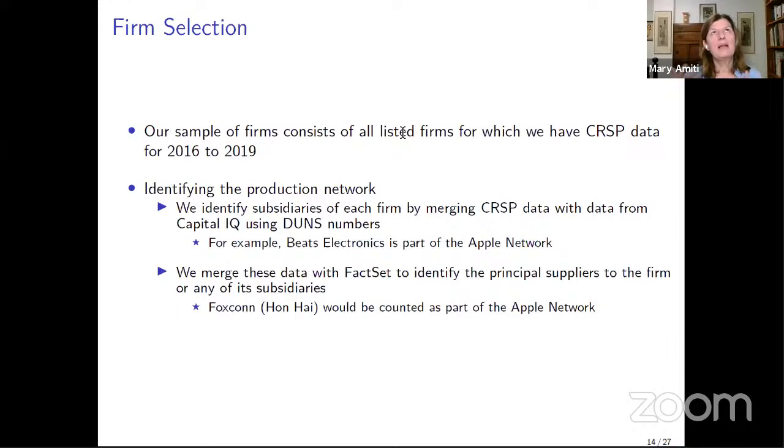For example, Apple may not import directly from China, but it has a subsidiary, Beats Electronics, which does import from China. So we would count Apple as a treated firm. We also look at the principal suppliers from FactSet. Foxconn is one of Apple's main suppliers, so again, we want to make sure we get all those linkages.